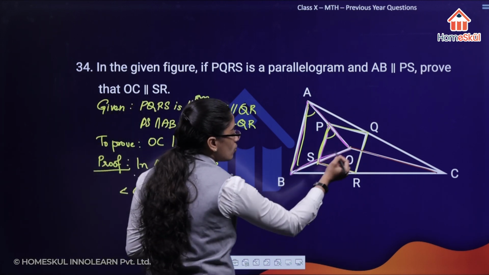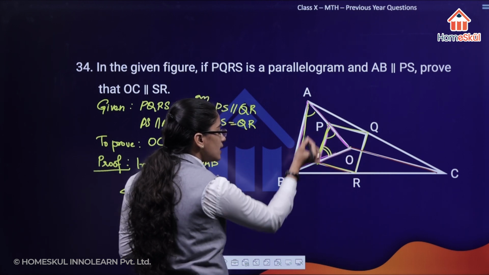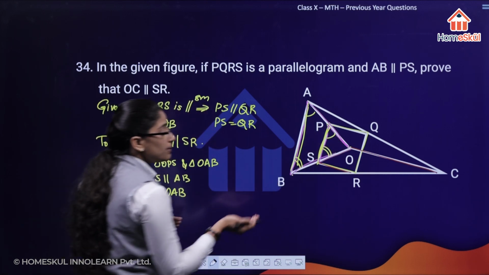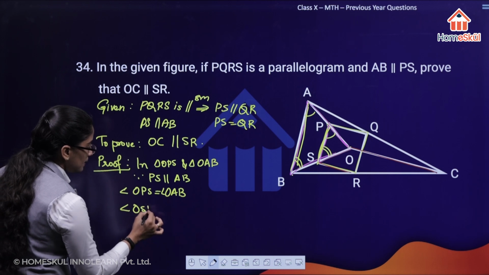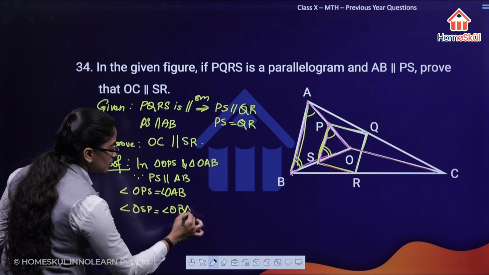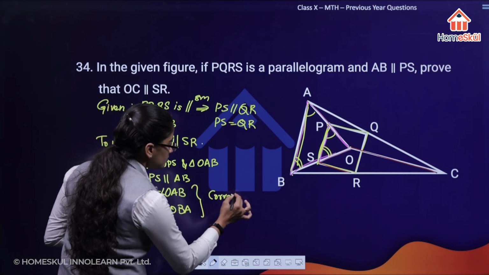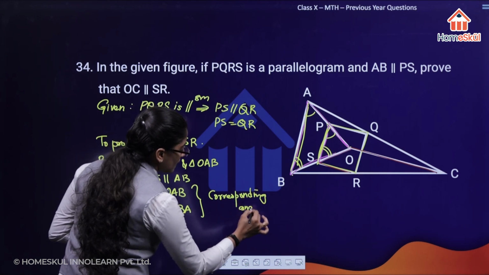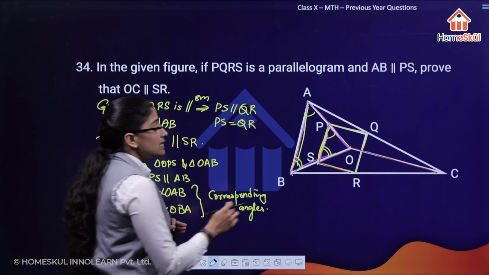Similarly, angle OSP is equal to angle OBA. Why? Because these are a pair of parallel lines and OB will be a transversal for it, right? So angle OSP is equal to angle OBA. The reason is they form corresponding angles. Thus, using AA similarity, we could say that these two triangles are similar.